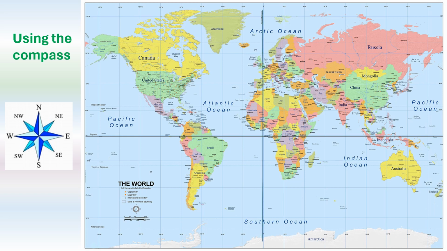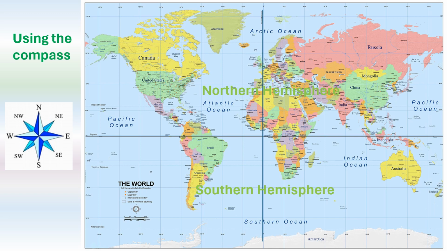And then we have the Greenwich meridian, which is a 0-degree line of longitude, and it breaks up the Earth into the eastern hemisphere and the western hemisphere. Now we have the northern hemisphere, which is at the top, the southern hemisphere, which is at the bottom.